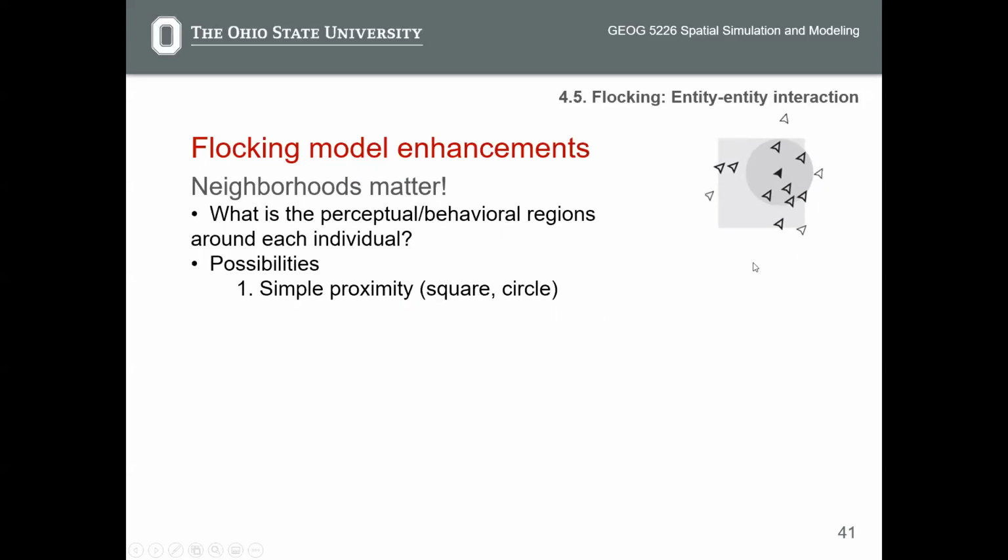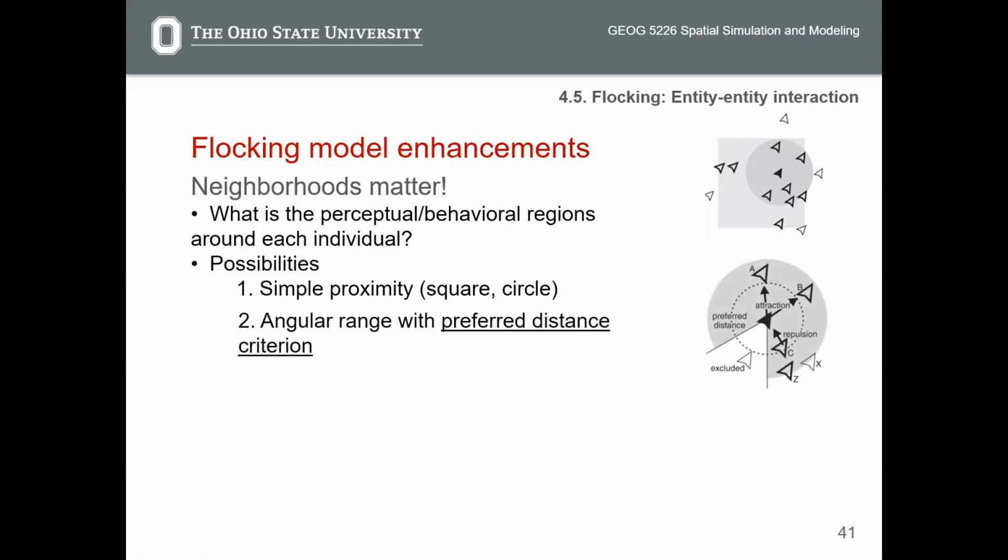They are not considered neighbors of this bird of interest, right? Obviously, these definitions of neighborhood are more complex than simply the Moore neighborhood or the Von Neumann neighborhood, right? We can use even more complex methods to define neighborhood.